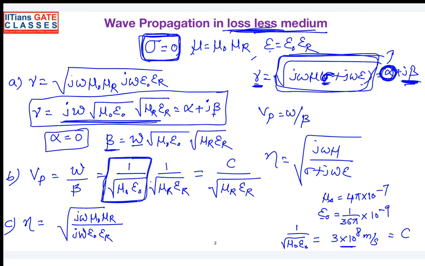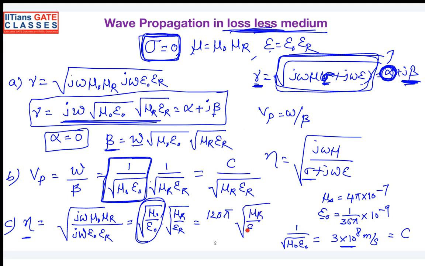Your sigma will be 0. So that is equal to root mu naught by epsilon naught into root over mu r by epsilon r. You can verify by substituting the value of mu naught by epsilon naught. The square root of mu naught by epsilon naught is equal to 377 ohms, you can do that after substituting the value. So the impedance in a lossless medium is equal to 120 pi into root over mu r by epsilon r.